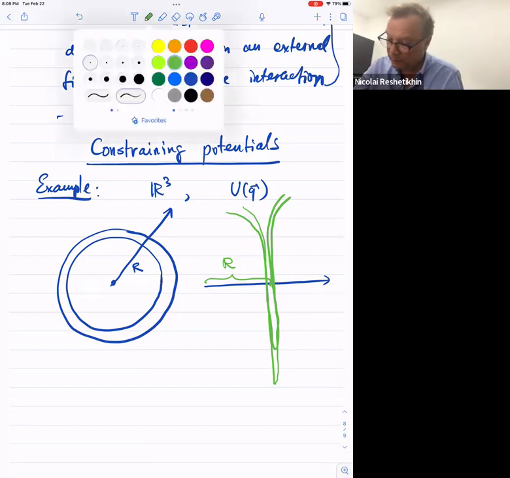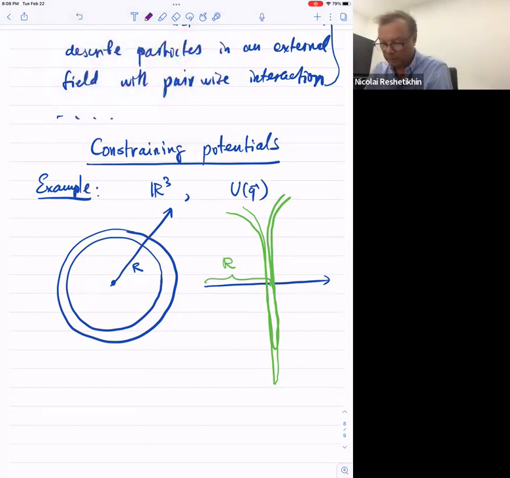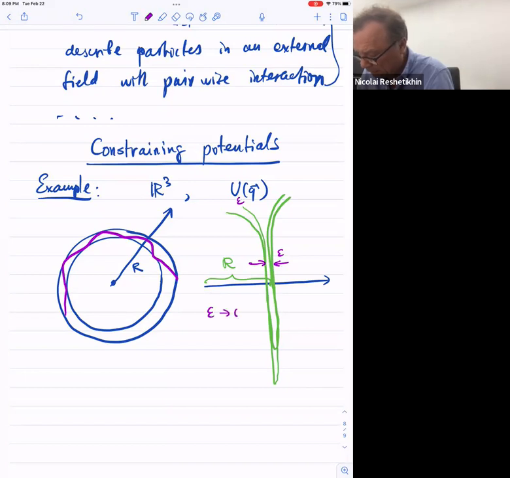Suppose that we study particles moving in this potential, and let's assume that it's sort of trapped inside of these walls. So then it will be moving like this. And this distance, epsilon, let's say that we have a family of these shrinking potentials, and this epsilon goes to 0. So the potential is shrinking and shrinking in width.